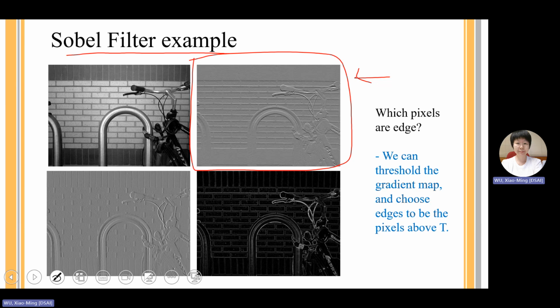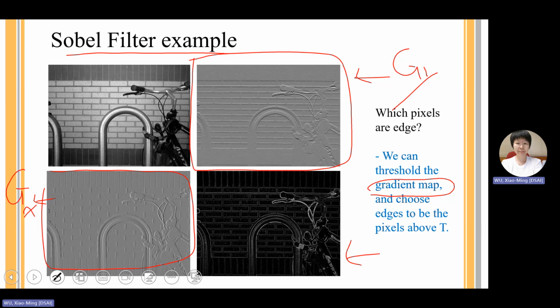So this is the result of applying GY. And this is the result of applying GX, because there are a lot of vertical edges in this. And this is the gradient magnitude map.